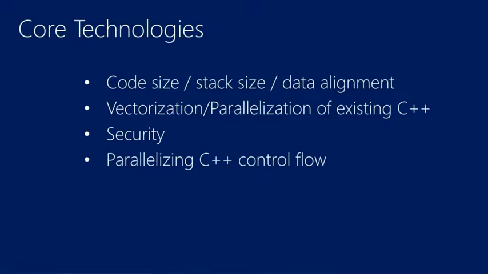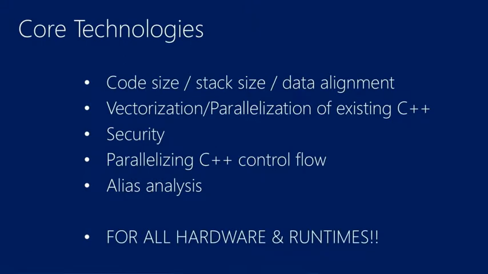Then another thing that's really, really important, especially since it's C++, is parallelizing control flow. There are very few loops in C++ that don't have if then else. And then finally, I want to close with alias analysis. That's a big part of where we're going. And I want to show how important alias analysis is.